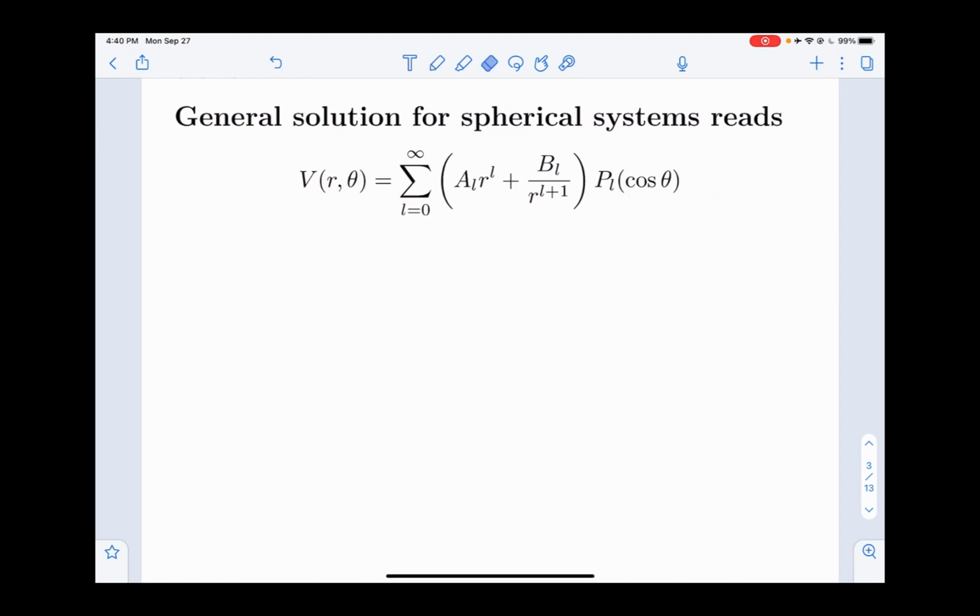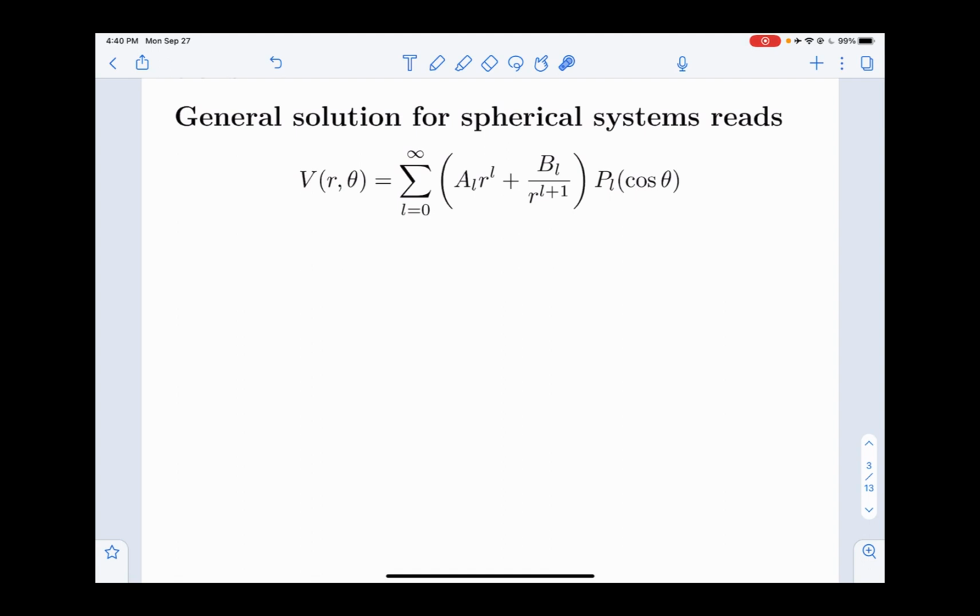Whenever you see a problem with azimuthal symmetry in spherical coordinates, you can simply write down your solution like that, and the answer has to be in this kind of form. The only thing that you want to determine is the coefficients A_l and B_l. If you find a way to determine these, then everything is done.